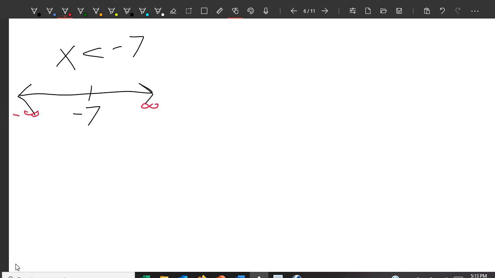On the left, put a negative infinity symbol, and on the right, put a positive infinity symbol. Now, since we're less than, we're going to shade to the left. The old way of doing this was to draw an open circle. But now, instead of an open circle, we're actually going to put a parentheses.